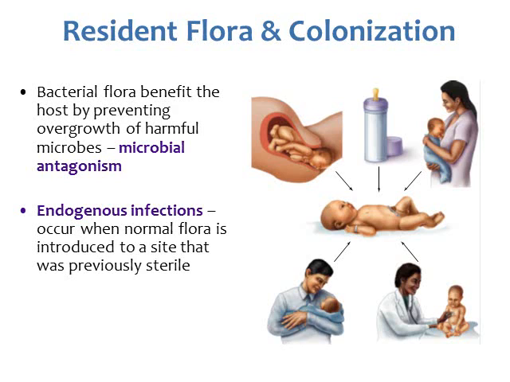And if the beneficial bacteria take up most of the space, that prevents any of that habitat from being open to harmful microorganisms. So these bacteria actually take up space on our skin. If something happens, you can end up with having an endogenous infection. This is when your normal flora is introduced to a site that was previously sterile. So this is when you actually infect yourself, is how you can kind of think of it.